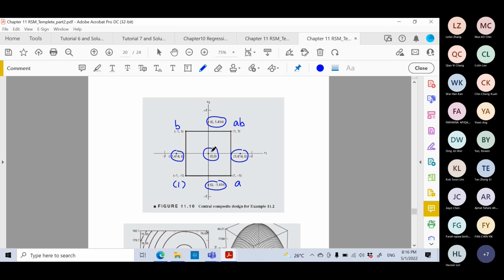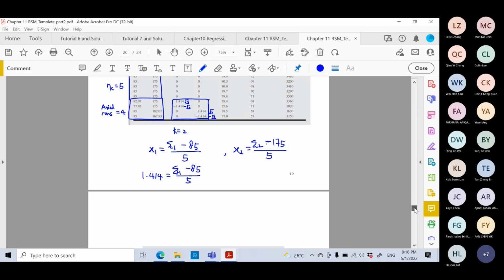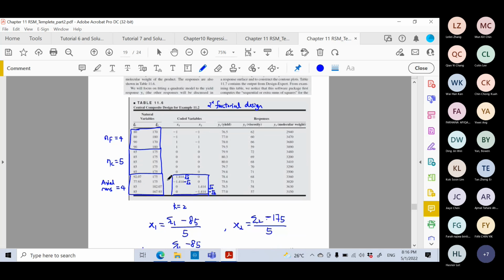In this case, you run 5 of them. So altogether 5, 4, 4 is 13 experiments you need to run so that you can get the yield for the first one, the velocity and the molecular weight. So these are the experiments you run.